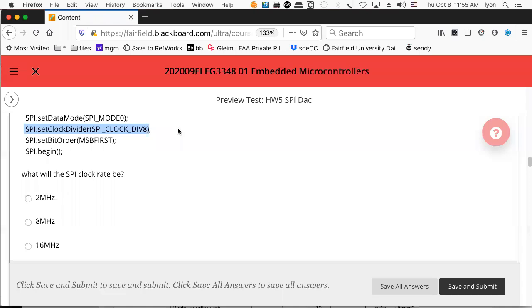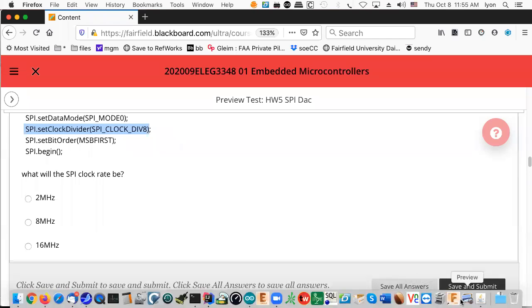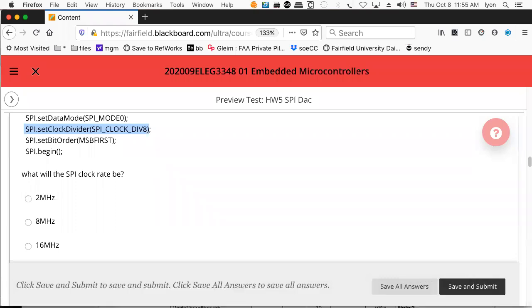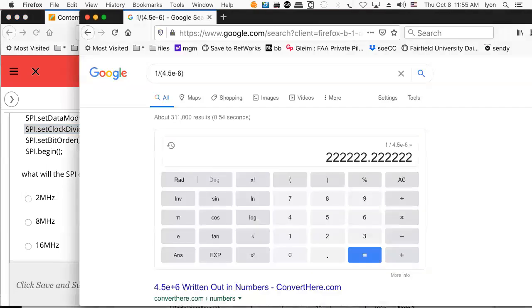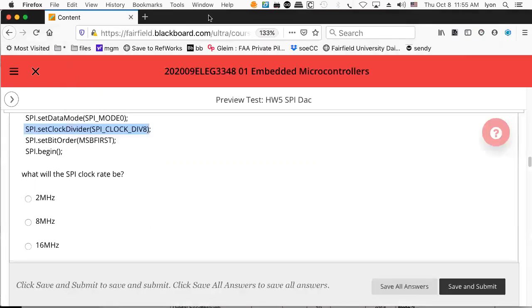So if you really want to know what the fastest rate is for your device, then what you need is the data sheet, which I had here somewhere, but somehow managed to promptly lose.